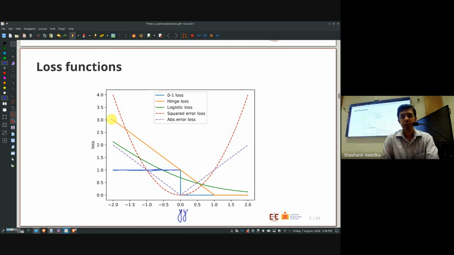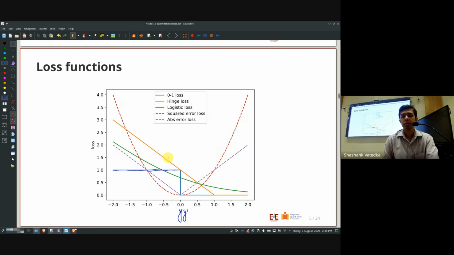And you have the hinge loss, which is basically this particular line over here, the orange line. And the hinge loss essentially upper bounds the 0-1 loss.